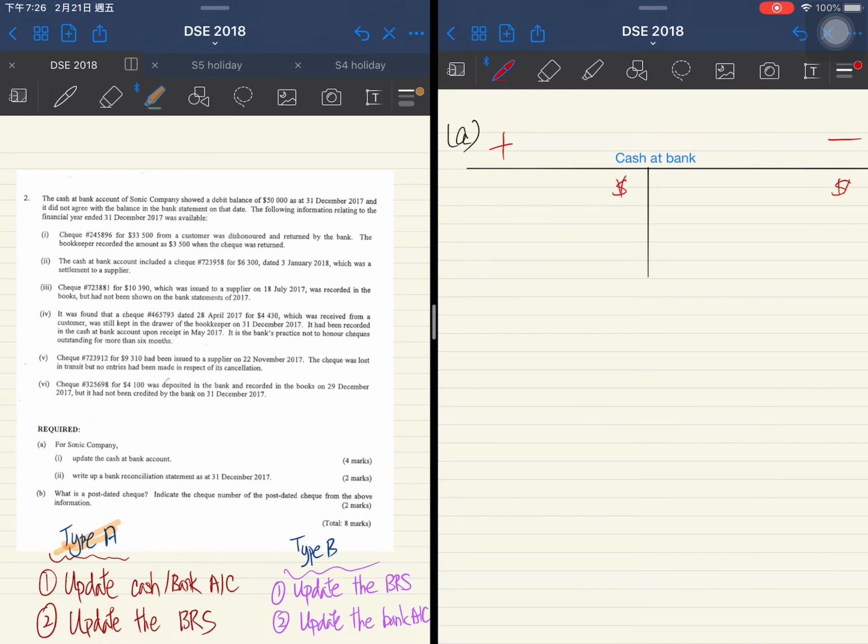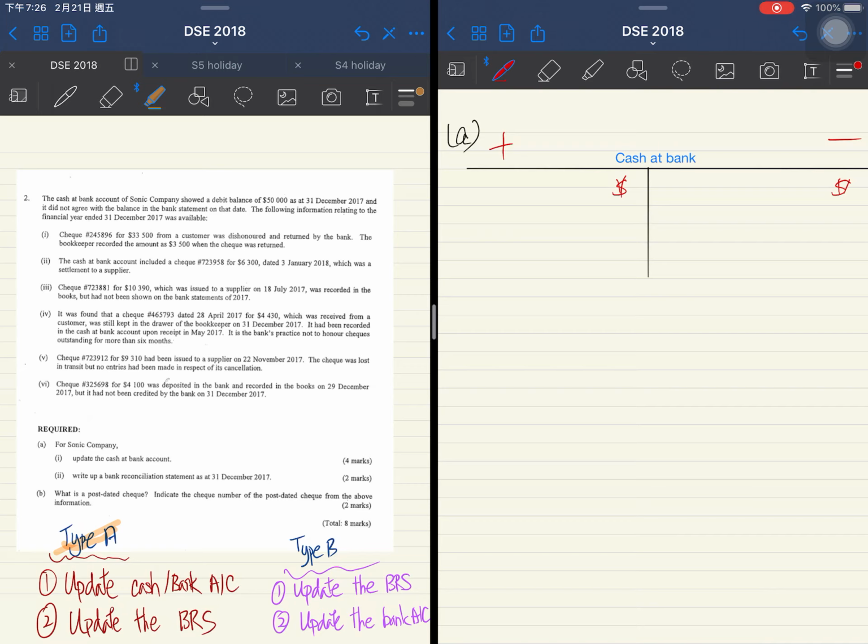Let's see the information. Before we see the information, we look at the balance. The cash at bank account of Sonic Company shows a debit balance of 50,000 at 31st December 2017, and it did not agree with the balance in the bank statement on that day. The following information related to the financial year ended 31st December 2017 was available.